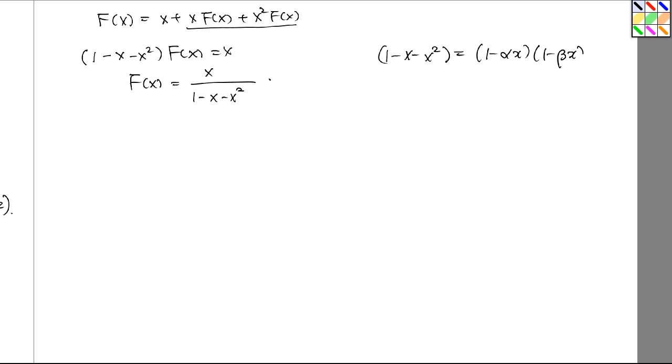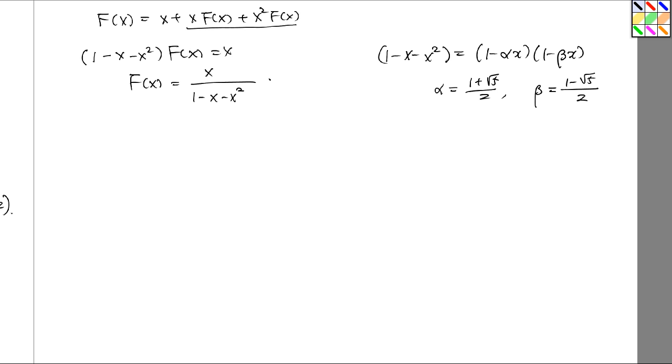We can write this because it has solutions. Actually, alpha equals 1 plus square root of 5 over 2, and beta equals 1 minus square root of 5 over 2. You can find alpha and beta by solving this quadratic equation.